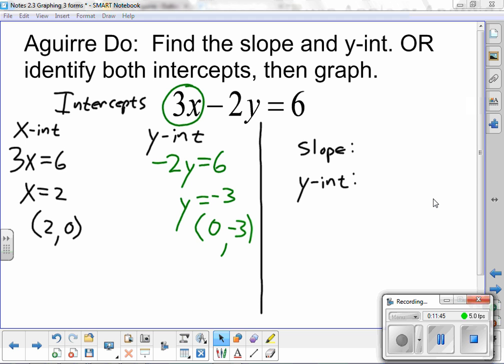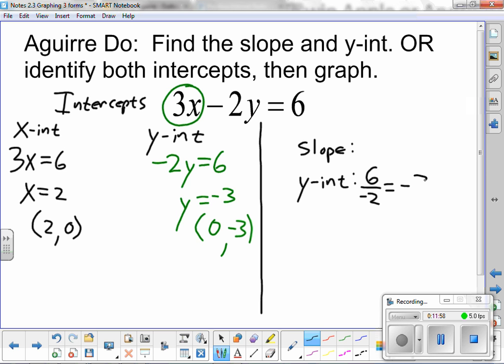Little technical difficulties. So the y-intercept is basically going to be 6 over negative 2, which is negative 3. So once again, that matches up with the other side, so that's just negative 3, because it's c over b.